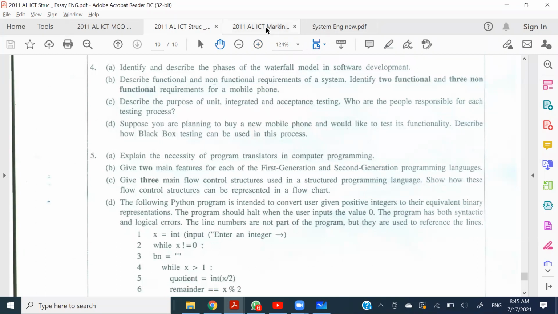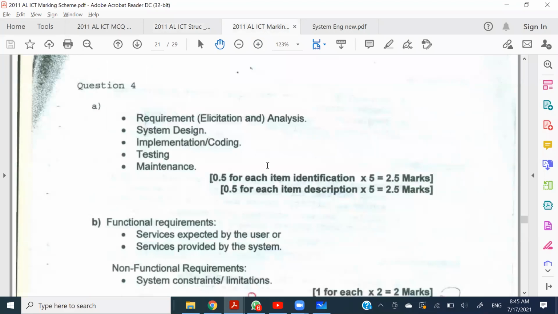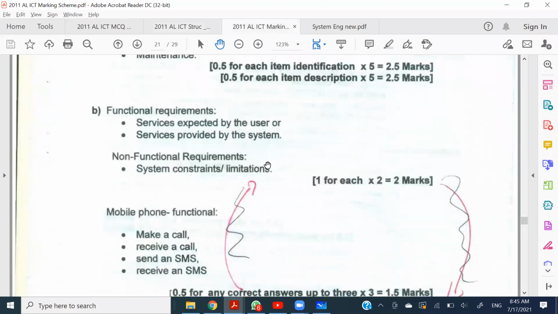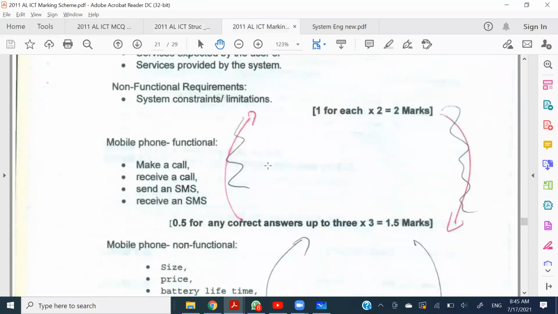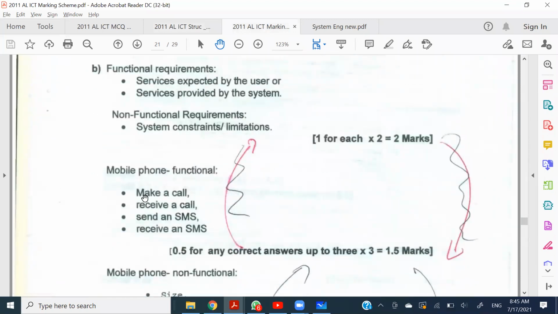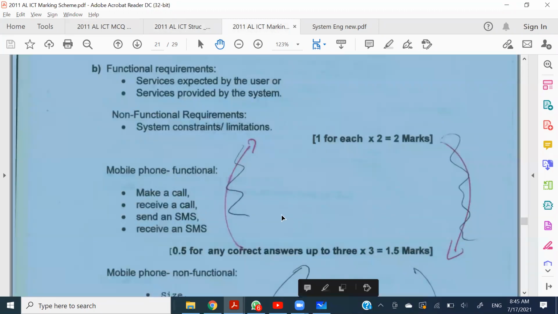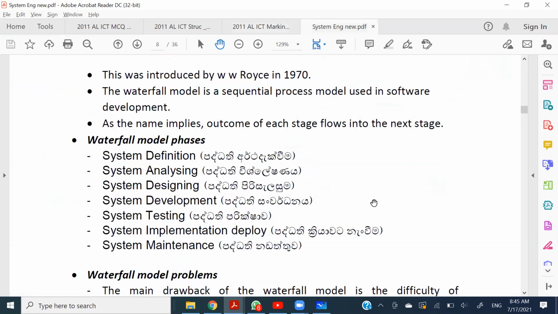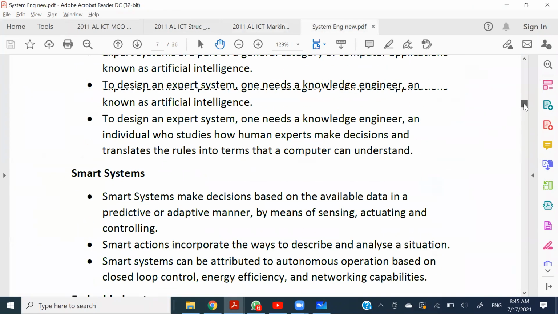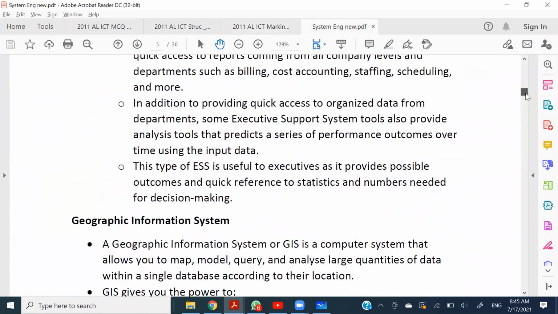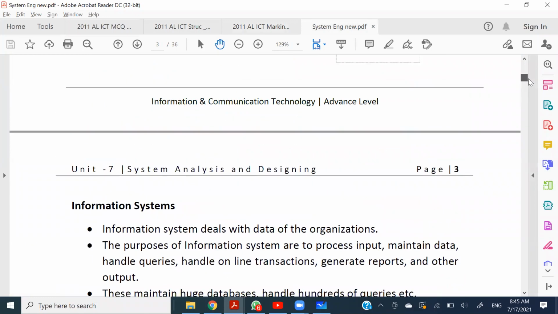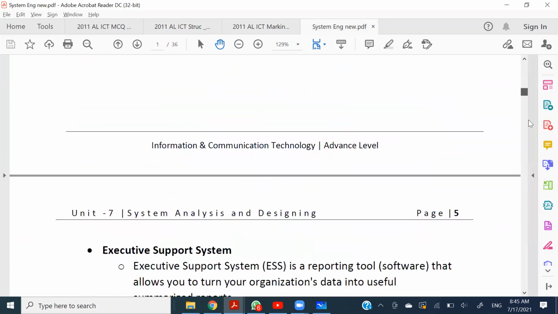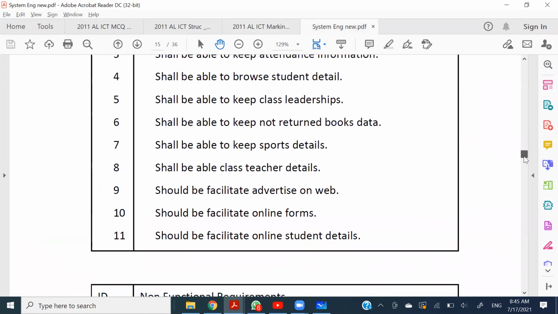Since this is the very first paper, I don't know whether they have followed it. Here they have given only the points to the markers. You should write it in a way that it reads as functional and non-functional requirements. You know the way we should use shall for the essential part and should for the non-essential parts.